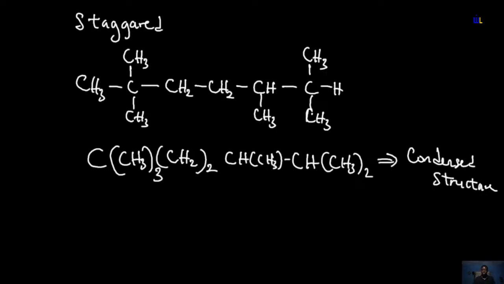Okay, so let's continue. Having said that, we will try out other structures. Imagine, for instance, now I would show you how to convert a condensed structure to a staggered structure. There are principles that you should follow when you are doing that.